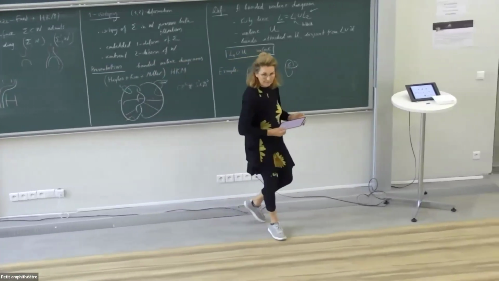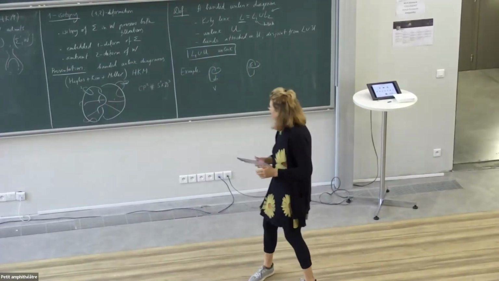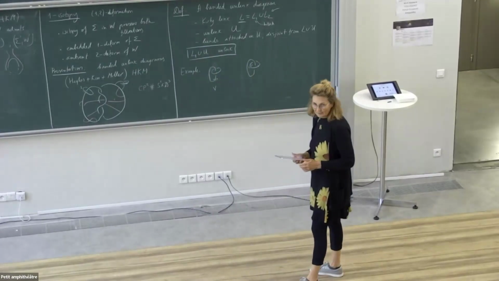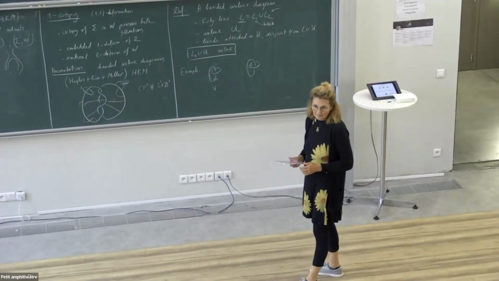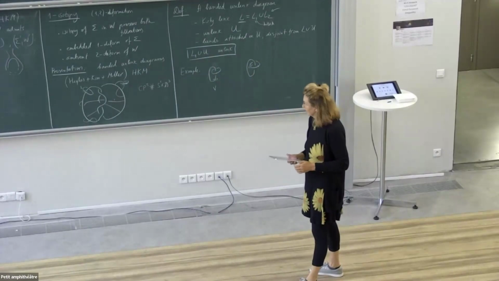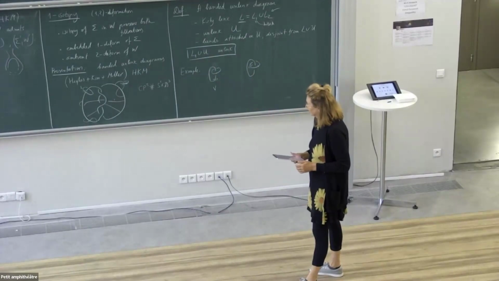Sorry, can I ask one question? So the HKM diagram you draw, the green parts are actually a diagram in S3, right, in the boundary. But from what I understood, the white part and the red part are actually in 4D. So how should I understand this?